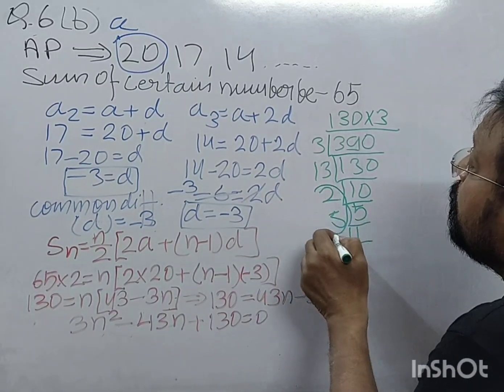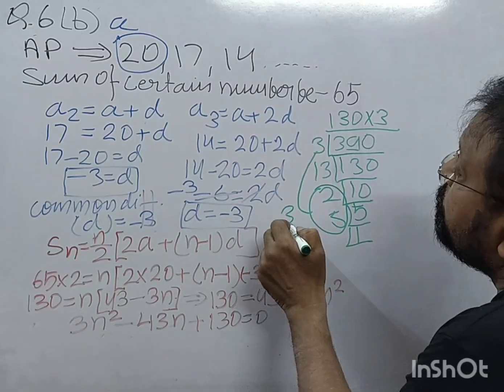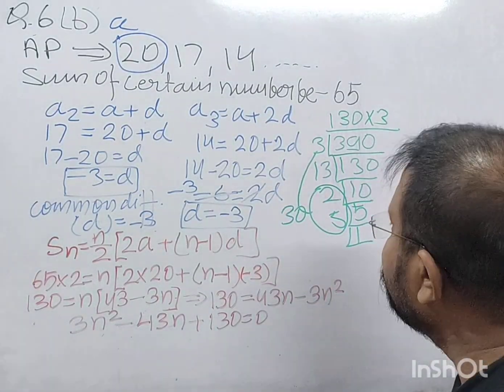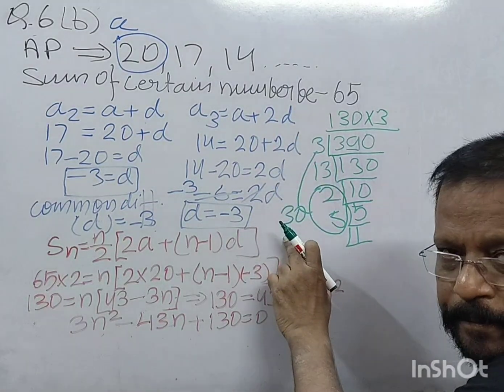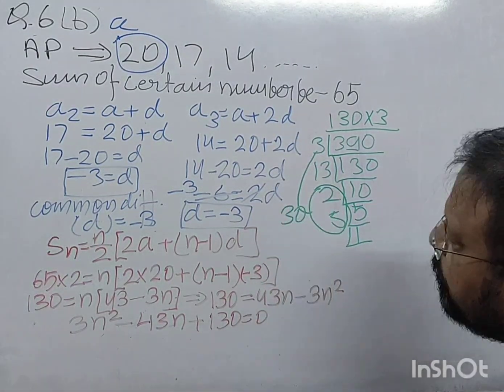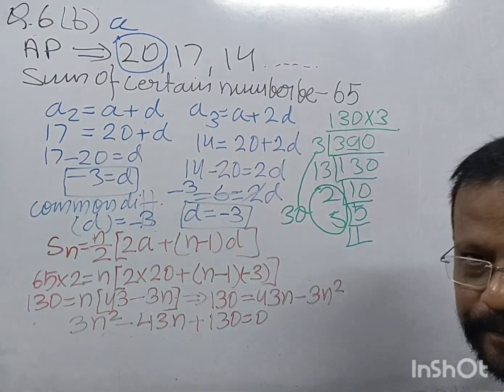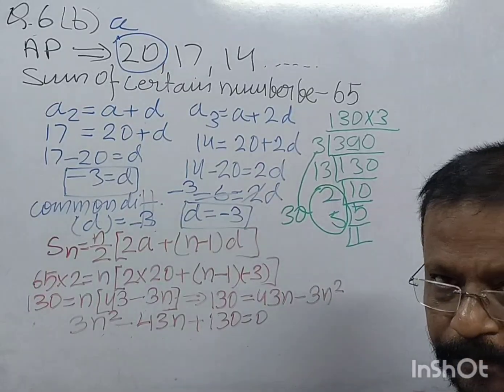This is 10 into 3 becomes 30. 30 into 13 becomes 390, and 30 plus 13 becomes 43.